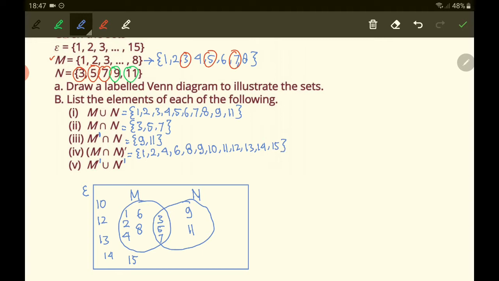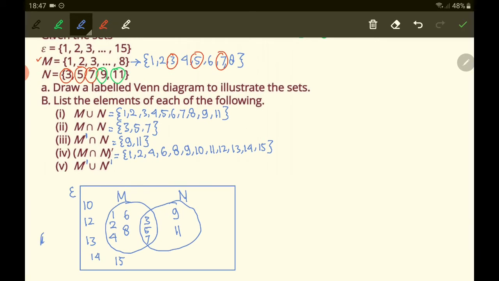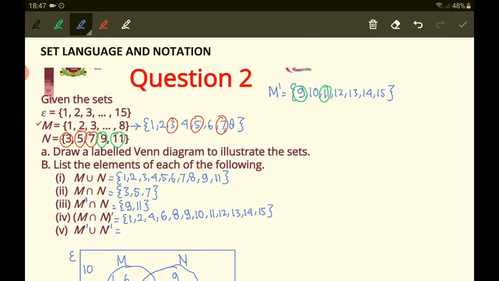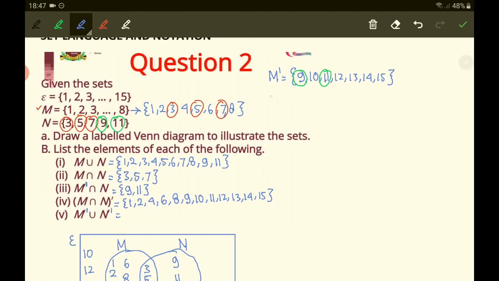Okay, so now the last question is M complement union N complement. We know the M complement here already, but we don't know the N complement. So we have to list down the N complement. What is the N complement? Something that is not N, but is part of the universal set.